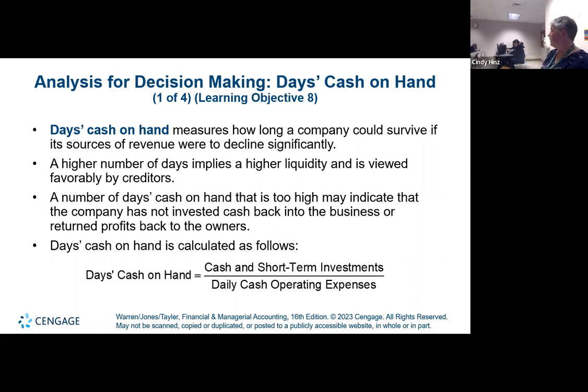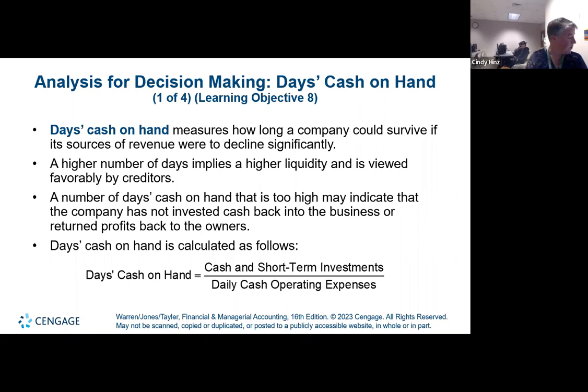So as we have done in a couple other chapters, starting in chapter 4, when we looked at current ratio and working capital, we've looked at inventory turnover, days inventory on hand in chapter 6, the last chapter. And now we're looking at chapter 7. How do we use this information to help us maybe make some decisions about this company? What kind of information that we just learned in this chapter is going to help us with that decision-making process?